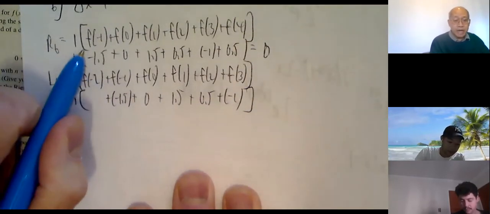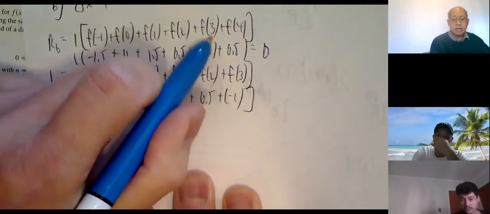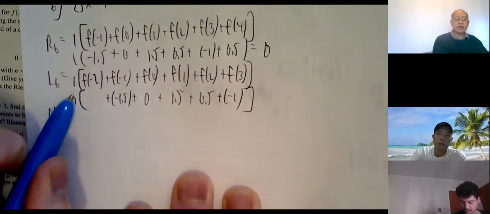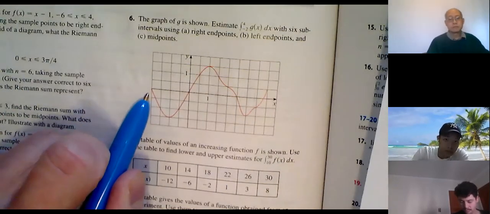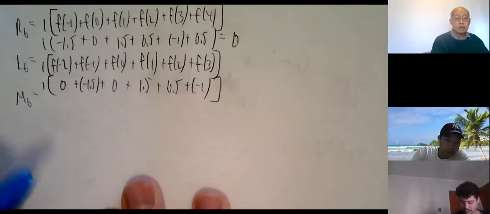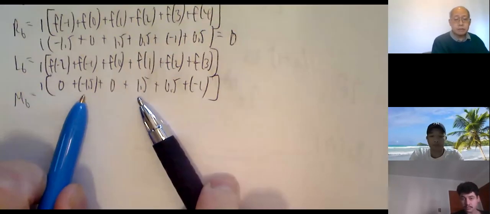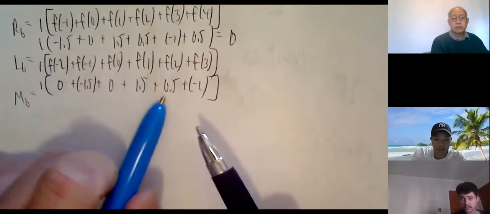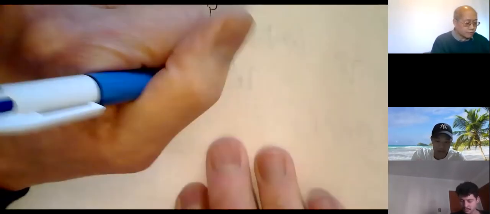Okay, so f of -1, that matches, that matches, that matches, that matches, that matches. So the only new one is f of -2. So -2, 0, right? Okay, so add these up. Let's see, these cancel out, right? So that is -0.5 times 1, so -0.5.